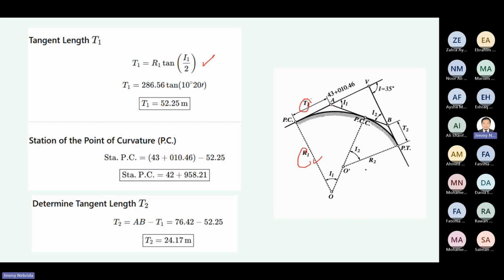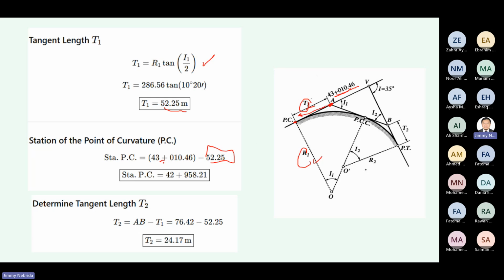The point of intersection of the first curve is given. If you subtract T1 from this one, that will give you the station PC. That's 43 plus 010.46 minus 52.25. That is T1. Meaning you're going back, so that's why you minus.